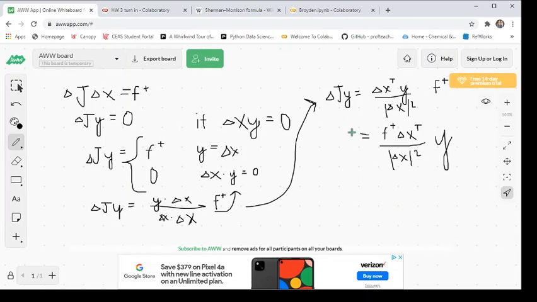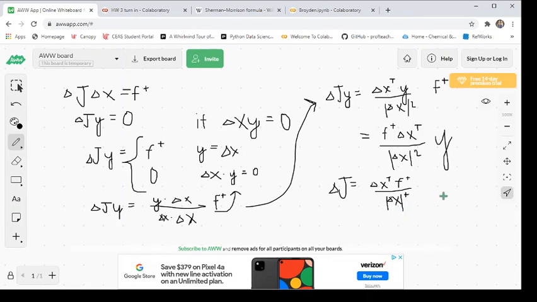Alright, and then now we see if we divide both sides by y, we get the change in our Jacobian. Alright, and then we have simple matrix multiplication here, and then the norm of delta x is just a scalar.